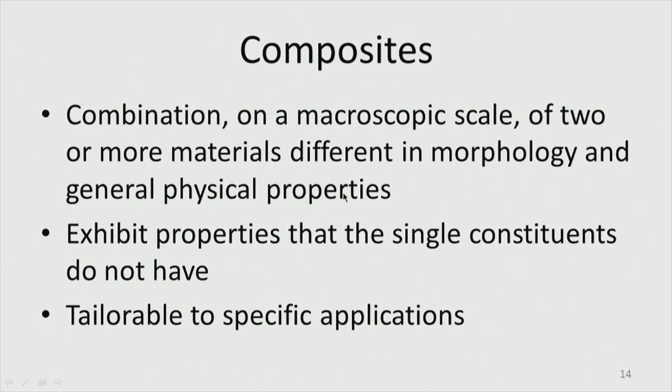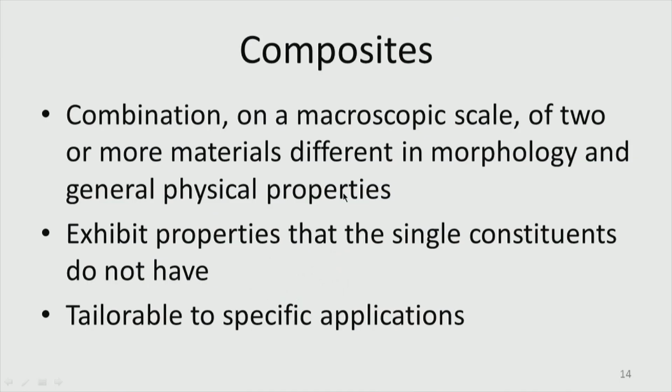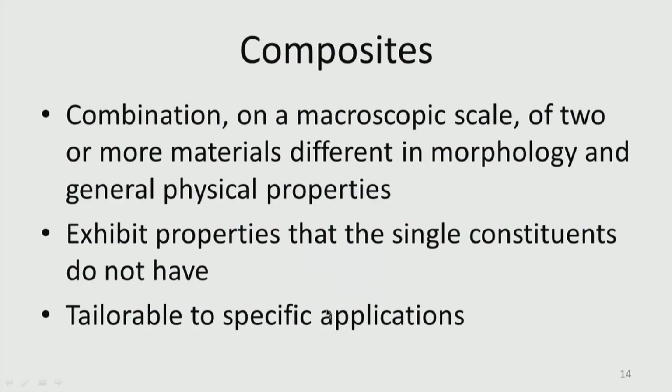You must have heard about fiber reinforced plastics, you must have heard about carbon reinforced plastics. So, we can have very fine carbon particles put into some polymers, we can even put fibers into polymethyl methacrylates. So, that adds to the tensile strength. Okay. So, we can tailor depending upon the specific application.